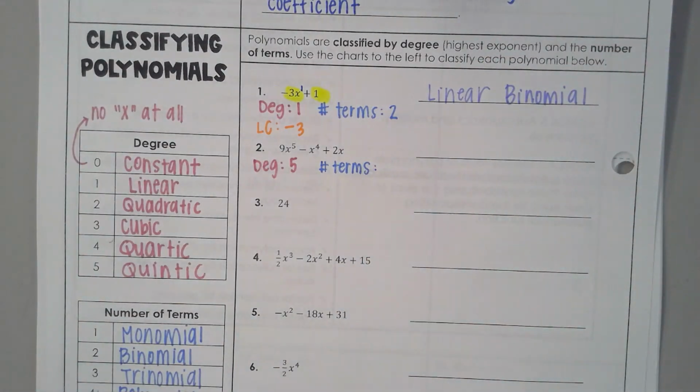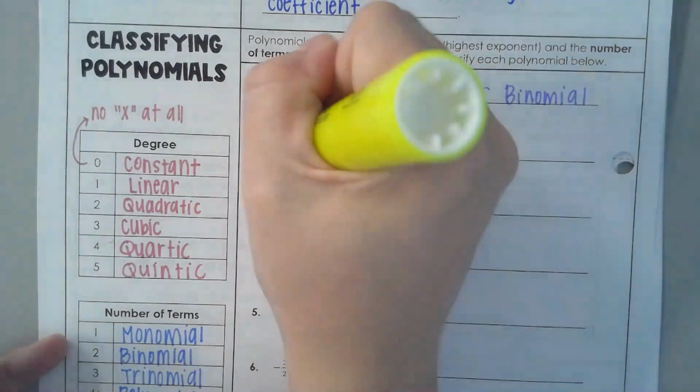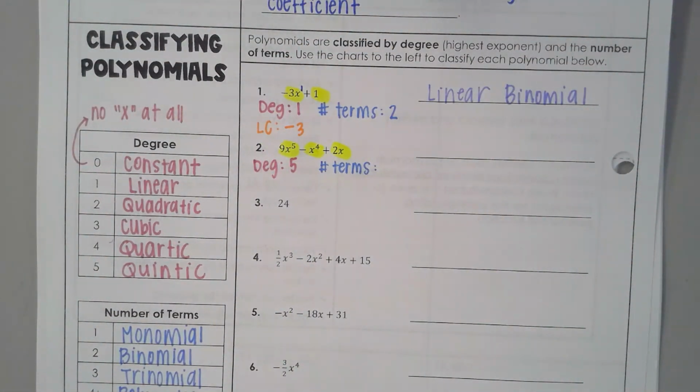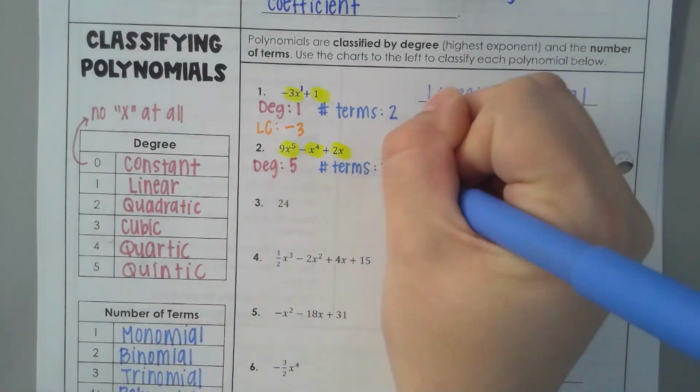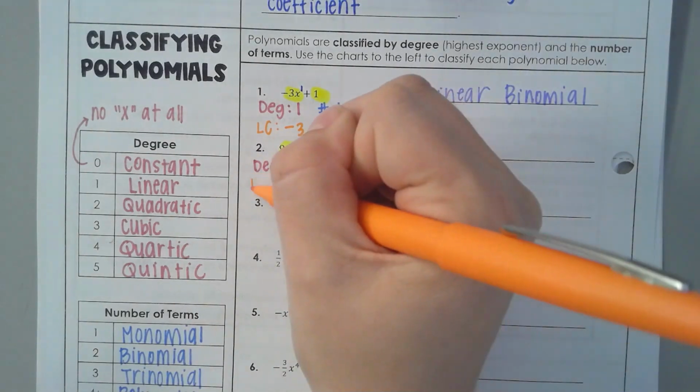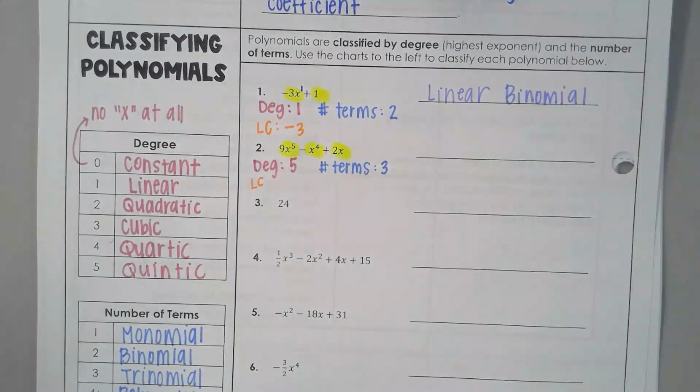The number of terms. 1, 2, 3. A plus or minus, think of it as like a space between the terms. So how many terms do I have? 3 terms. What's my leading coefficient? 9. Good.